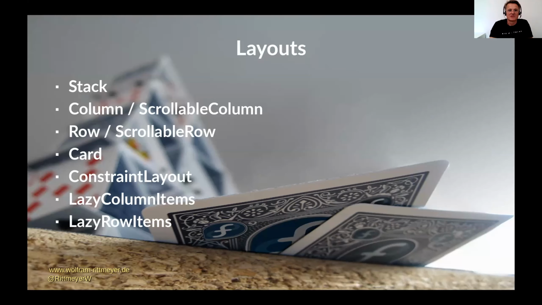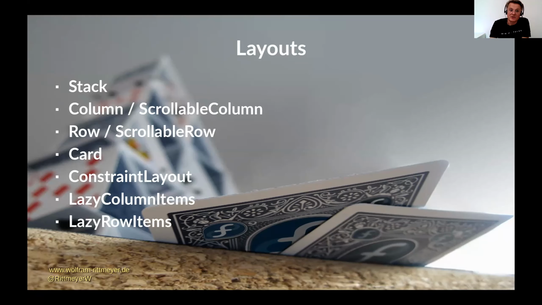You have column and scrollable column, which is for placing stuff vertically. Row is for placing stuff horizontally. You have a card for elevated elements, but you also have a constraint layout that has been ported or has been created for Compose as well.